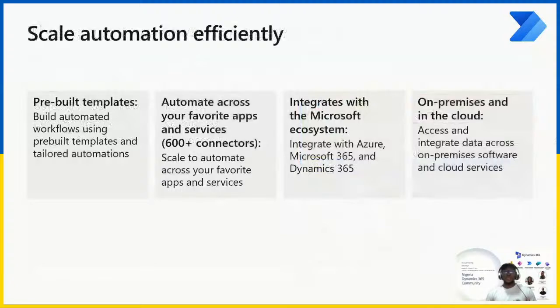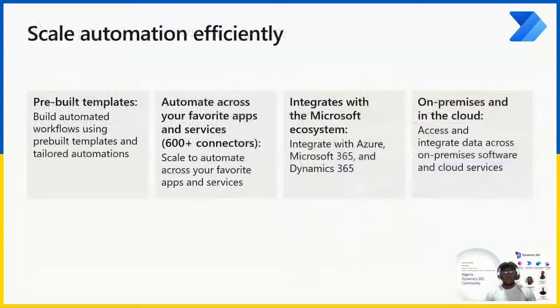When you visit there, you will be able to navigate to the template area where you will see templates that can help you to quickly build your own automation process. Okay, and also currently Microsoft has, I think it's even now more than 600, I think near 800 or even past 800 connectors.